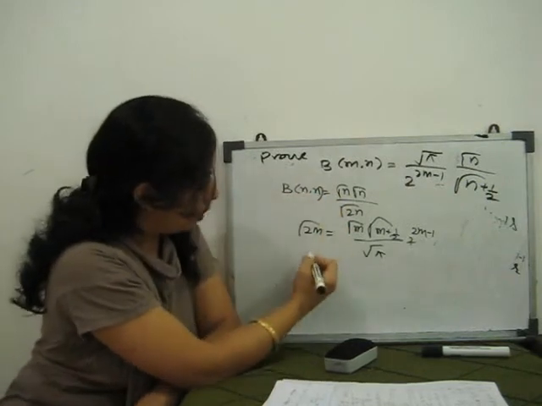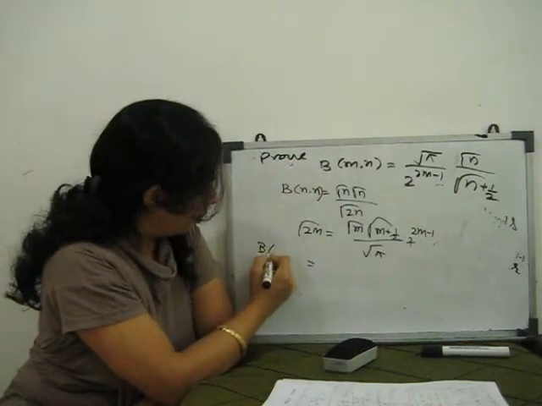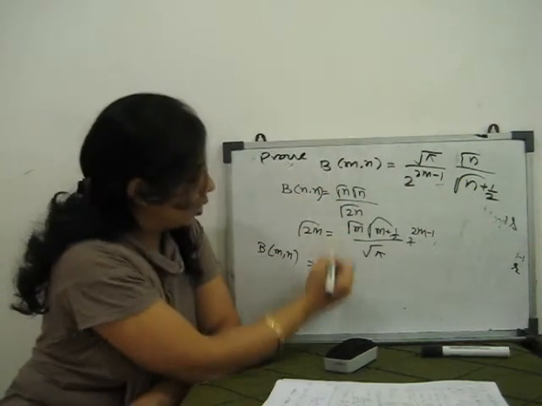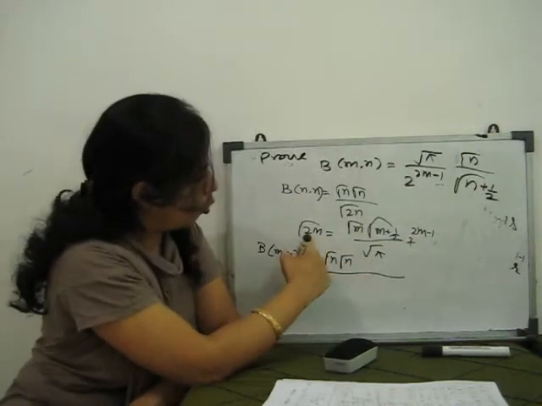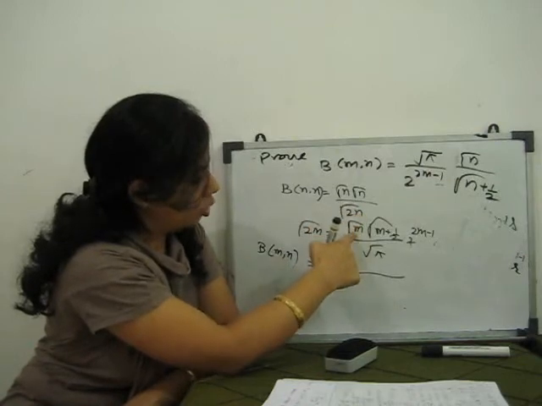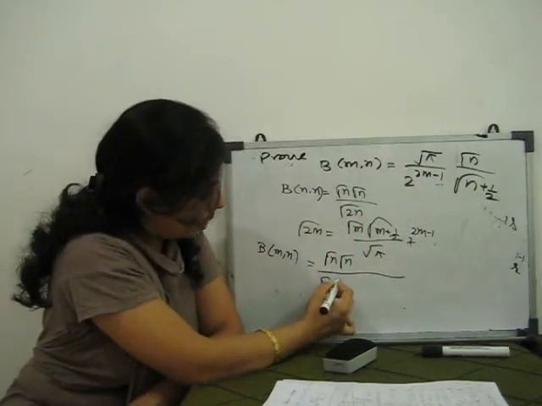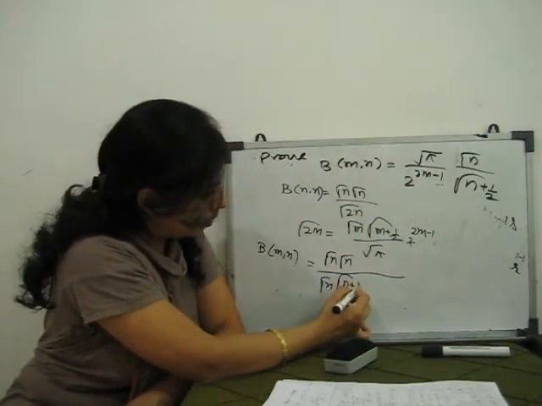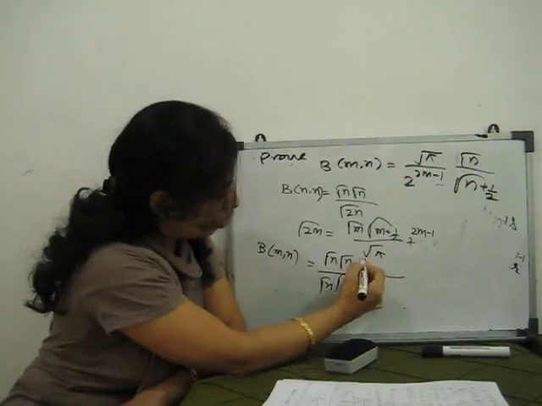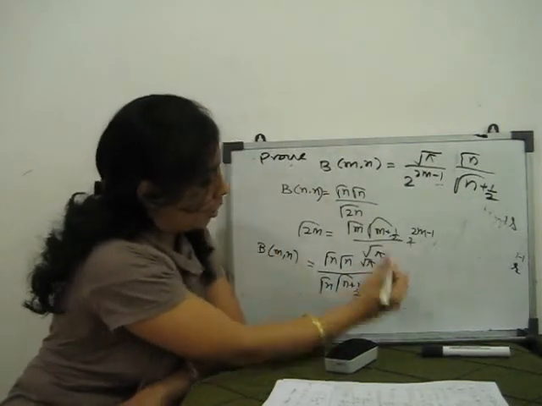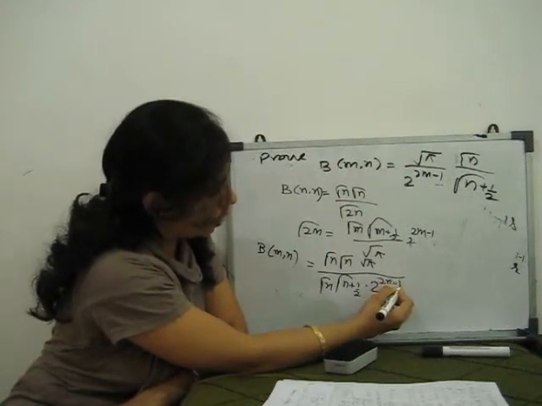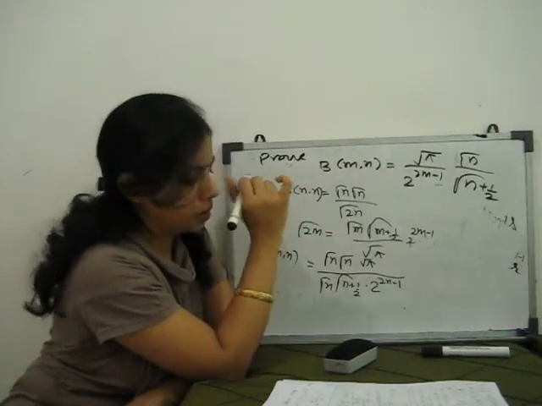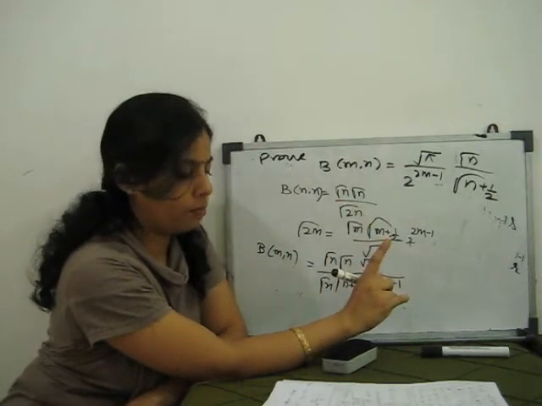Okay, so beta of m, n is equal to gamma n upon 2m, means we put n. So what is this? Gamma n plus 1 by 2 upon root pi, means root pi goes up, into 2 to the power 2n minus 1.